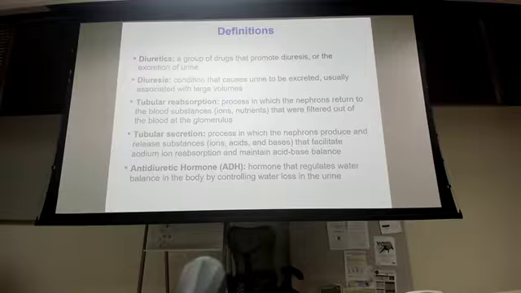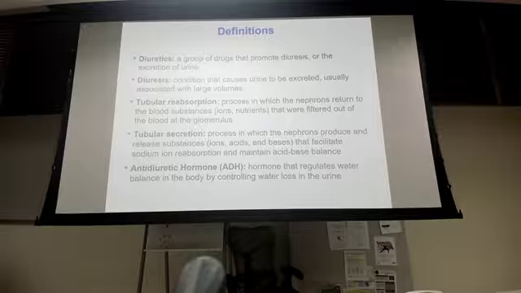Is your frame of reference what's going on in the blood? Or is your frame of reference what's going on in the kidney? And know what's happening when you see those terms. So if your frame of reference is the blood, then it's reabsorbing from the tubule in tubular reabsorption. The tubule is really not doing anything.